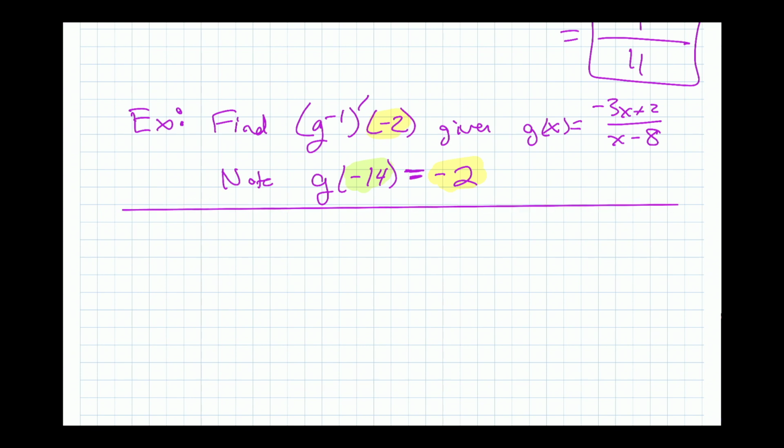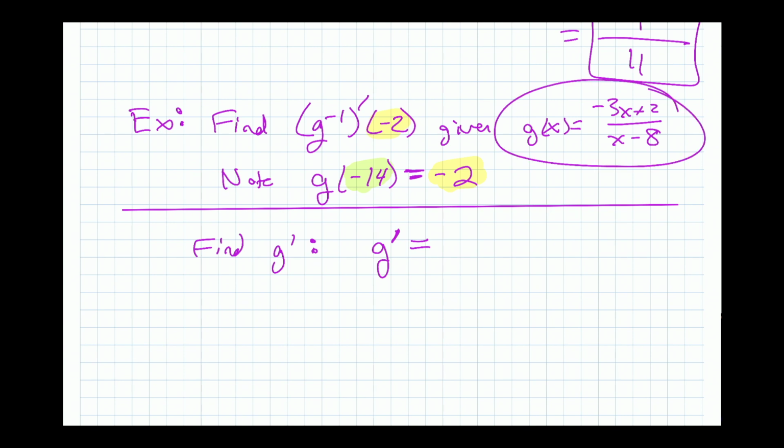Well, we know we're going to need G prime. So find G prime. So G prime is going to need the quotient rule, right? Because we have a quotient right there. So we're going to do the quotient rule, which you can write a few different ways.